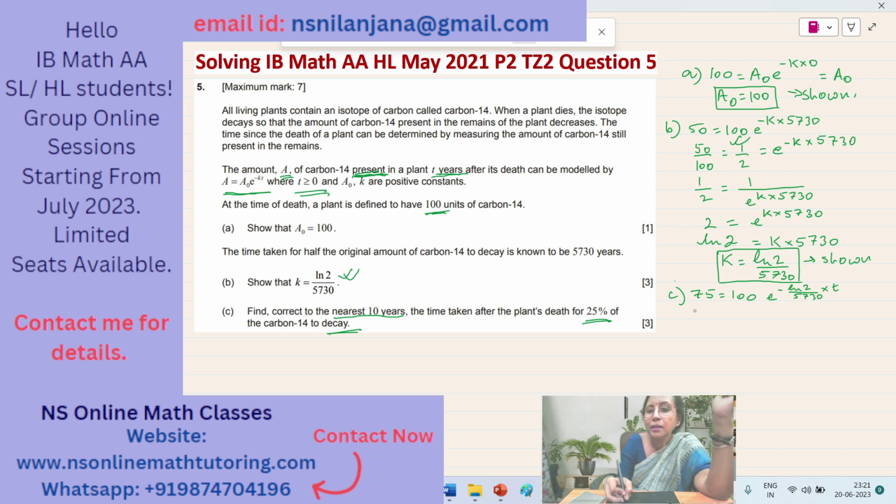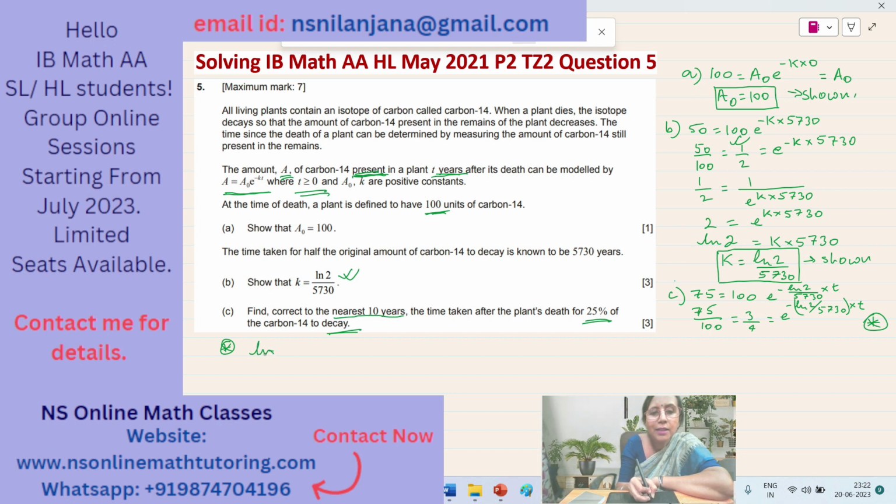This is 75 over 100, which is 3 over 4, equal to e to the power of negative ln of 2 over 5730 times t. So I can take the ln of both the sides.